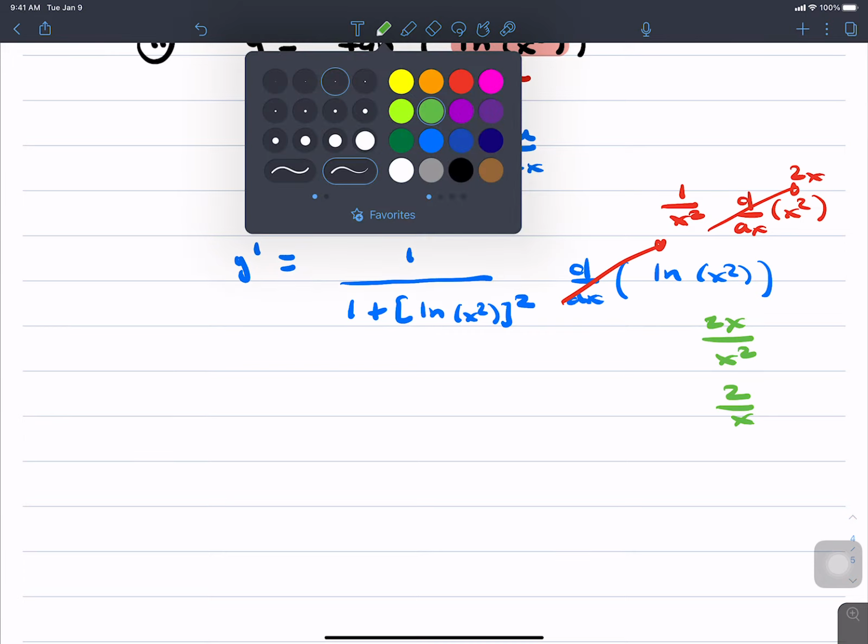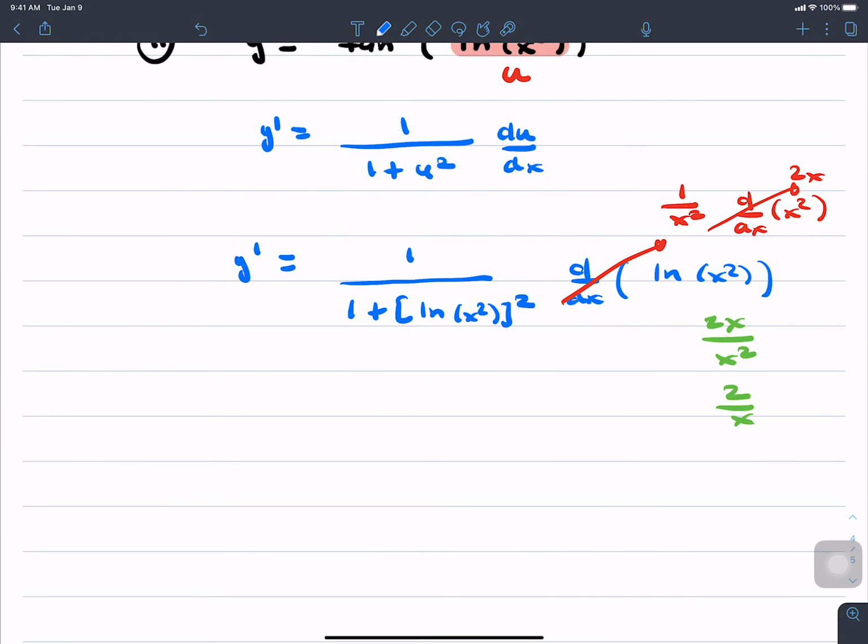So, ladies and gentlemen, y prime is 1 over 1 plus, I'm going to put that square between, we're handling this power 2 here, and that goes right in here. So it's between natural log and the parentheses of x squared. That's how we can write the same sort of thing. And then by the chain portion, that's 2 times x here.